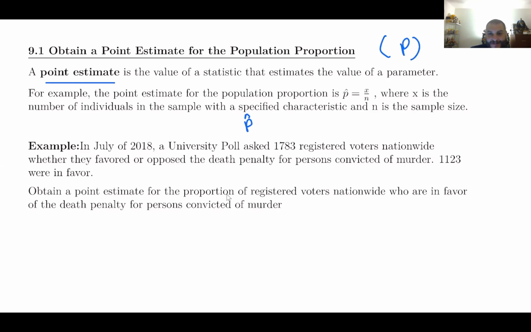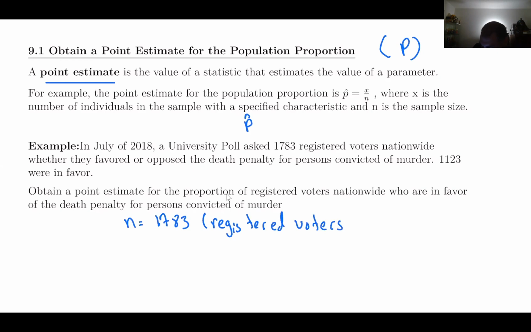All right. So what's my sample? How big of a sample size do I have? Good. So we got 1,783. So these are my registered voters. All right.